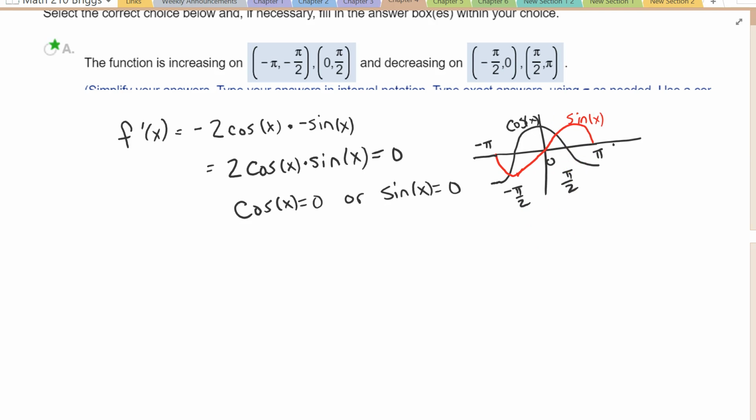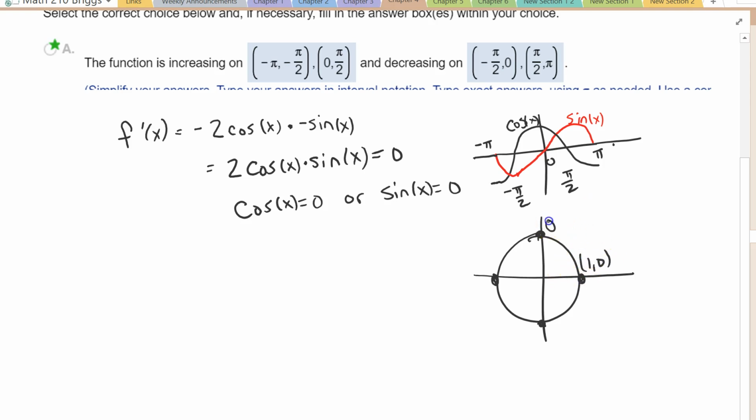Another way you could look at it is the unit circle. We have these points on the graph: the point 1, 0, this is the point 0, 1, this is the point minus 1, 0, and this would be 0, minus 1.